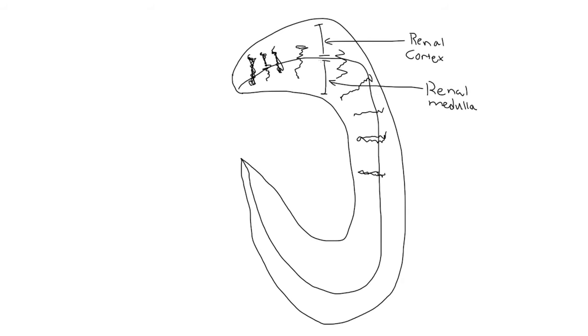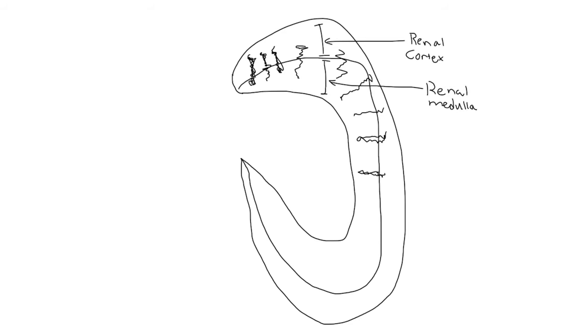It's not set what amount of the top and what amount of the bottom will be in the renal cortex and renal medulla respectively, but generally the top part of each nephron is going to be in the renal cortex, and then the bottom part is going to be in the renal medulla.